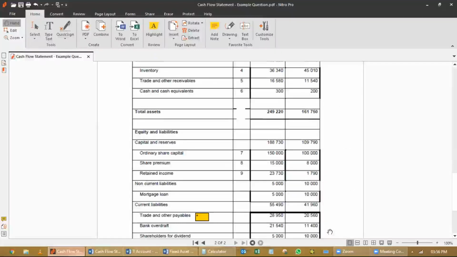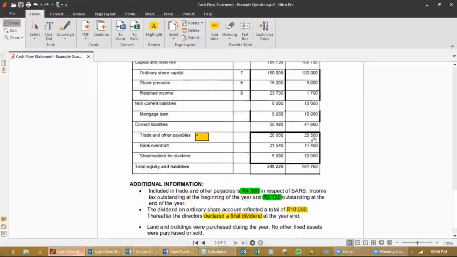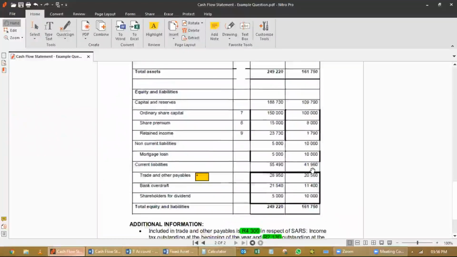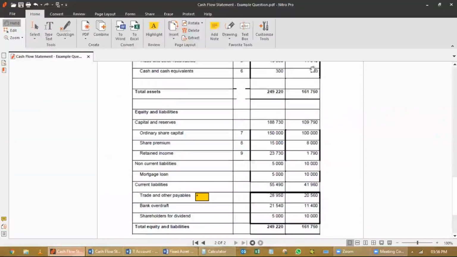The bank overdraft. What this means is that at the beginning of the year you had a negative balance in your bank account, but you also had 200 Rand in cash with you. So what was your total balance? At the beginning of the year it will be minus 11,400 plus the 200, because that's a minus amount.